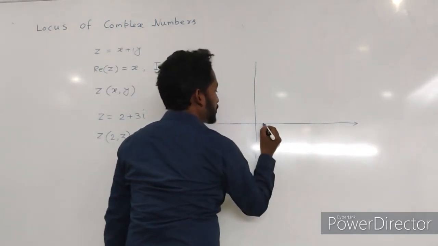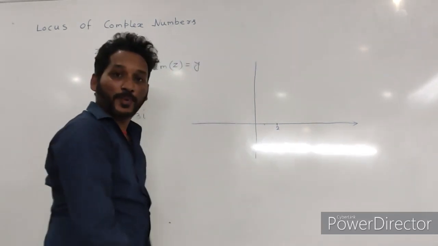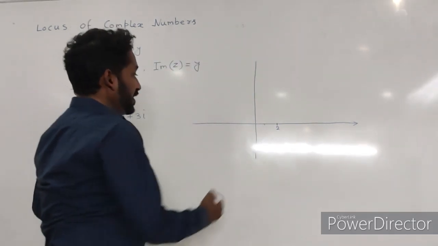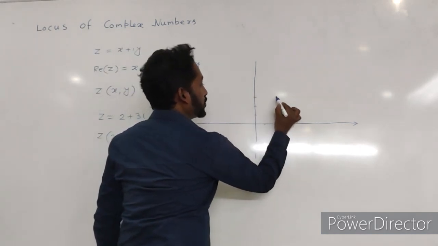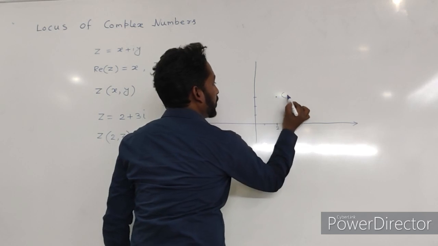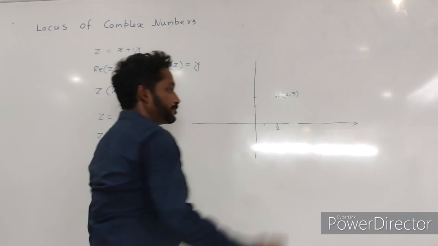Our x coordinate is 2, so we'll move 2 units along the x-axis, and our y coordinate is 3, so we'll move 3 units along the y-axis. So thus this point 2 comma 3 will denote z.